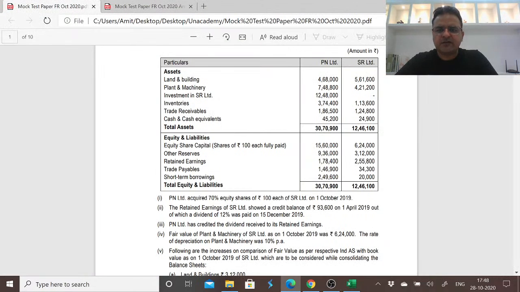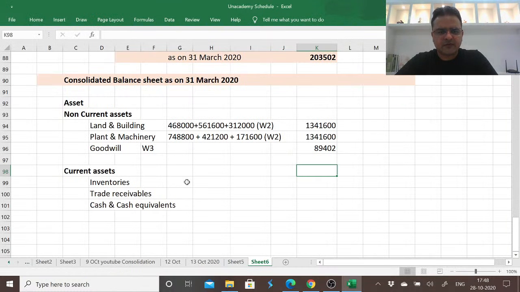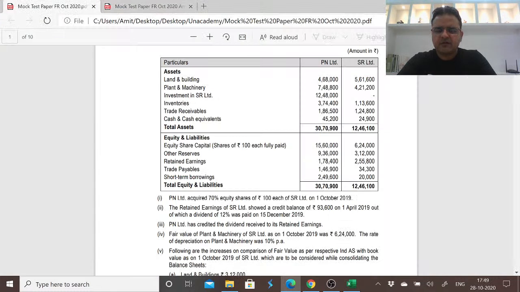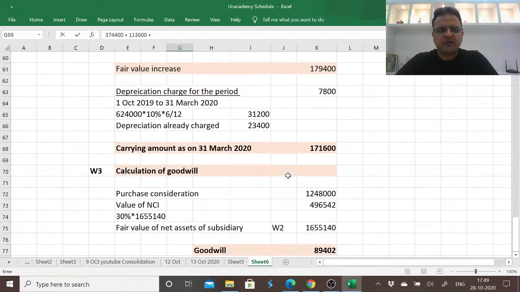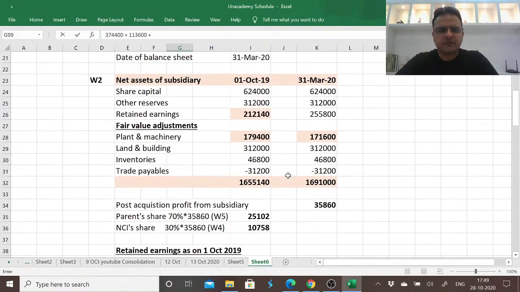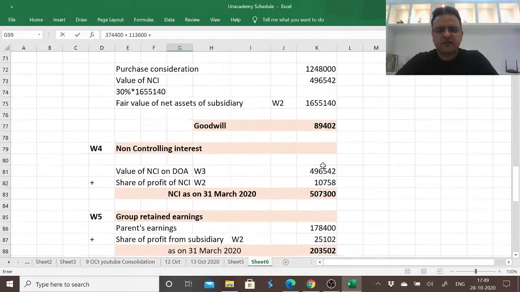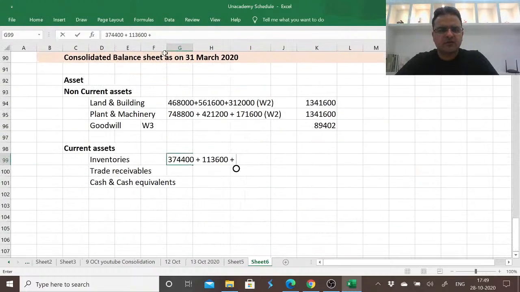Then among the inventories we have 374,400 plus 113,600 plus inventories value on date of balance sheet, 46,800, which refers to working note number 2.